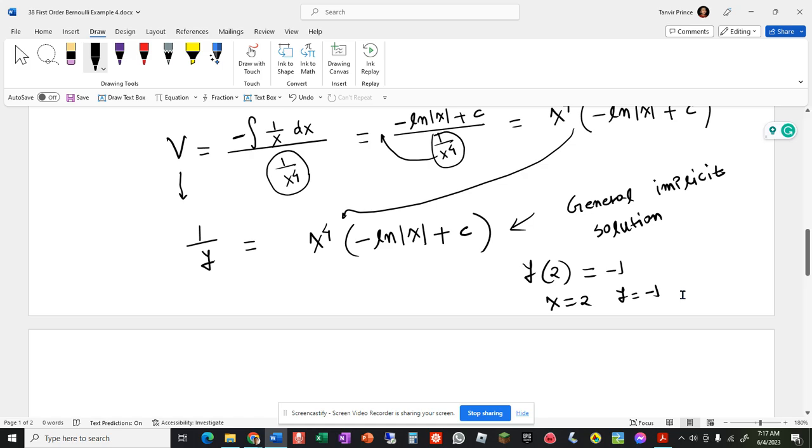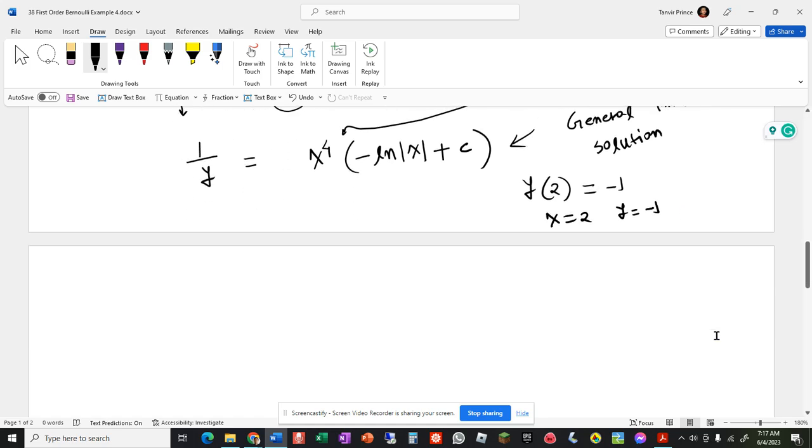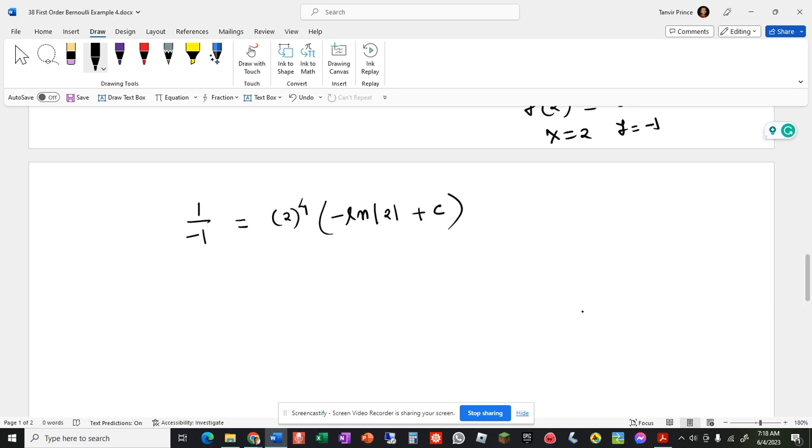So let's substitute y as -1 and x as 2. You can use a calculator if you want. So this is 16.